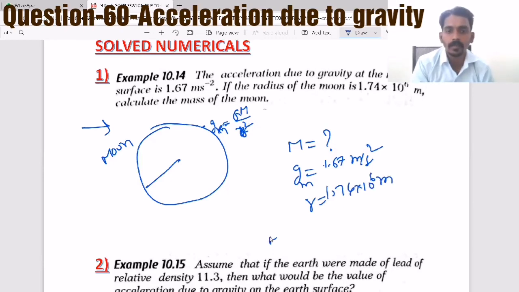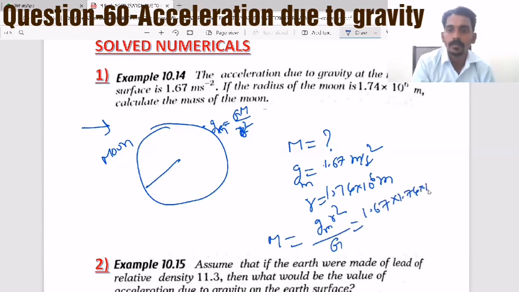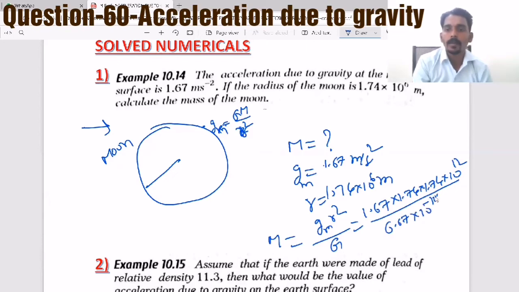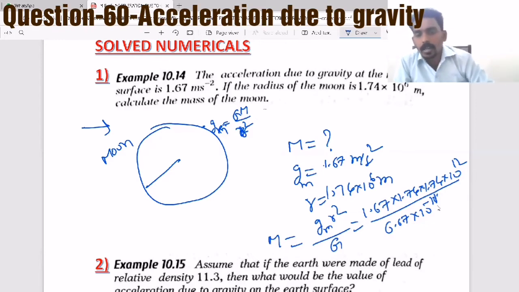We have to find out the mass of the moon. The mass formula is g on the moon into R square by capital G. So 1.67 into 1.74 into 1.74 into 10 power 12 by capital G, which is 6.67 into 10 power minus 11.